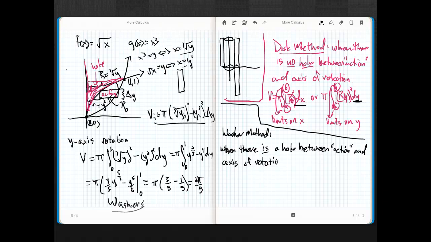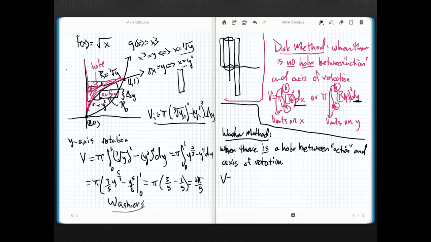So always, just like I've been preaching ever since we've been in this chapter, draw yourself a slice of action. Then ask yourself, when I take this thing through 360 degrees, do I end up with a hole, right? And if I've got a hole, then I use the washer method.